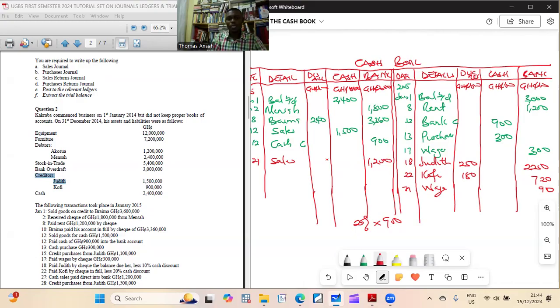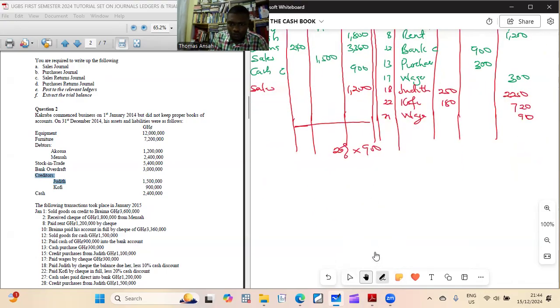So for example, as for these ones, there's nothing like balances. So you can just even leave it like that because their balance is the same. So let me let the line come down small to make the work easier. Let me take this one too out.